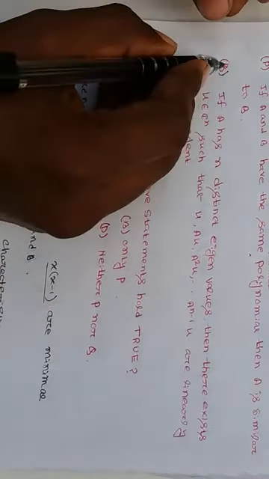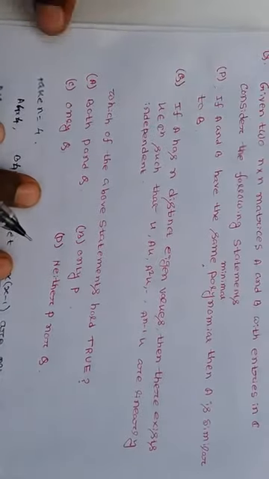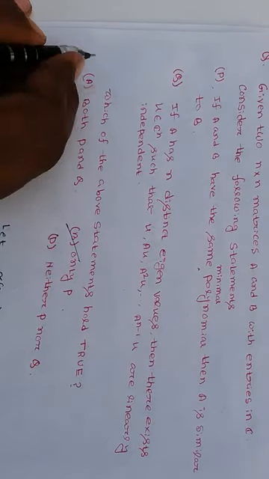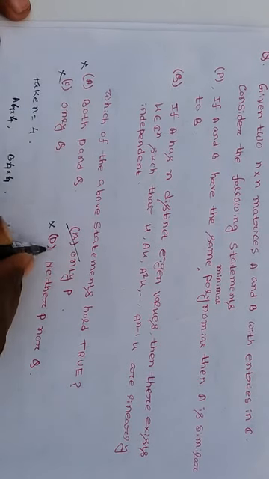So the statement Q is true and P is false. So in that case option B is true and the remaining others are false.